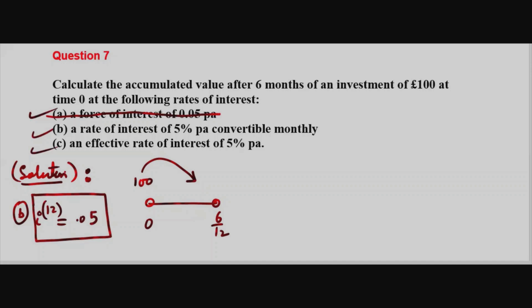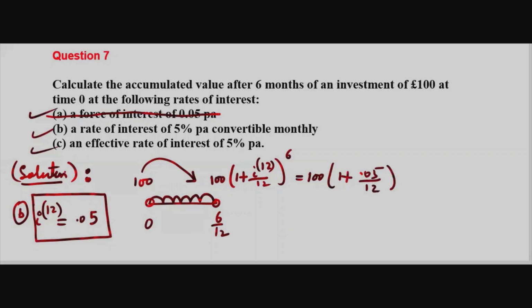So directly, if you want to write, I will consider 1 month. I have 6 periods here: 1, 2, 3, 4, 5, 6. Each period is 1 month. So I've written the period interest rate here. If you write this way, directly you will get the answer. There are many ways. I'm not saying you have to do it this way. You can find i and write 100 into (1 plus i) power half, 6 by 12. You can write that also.